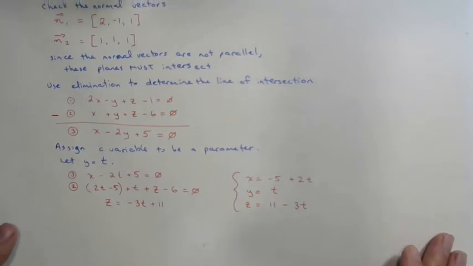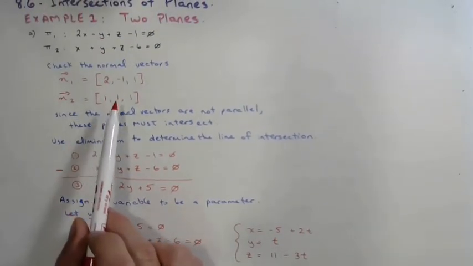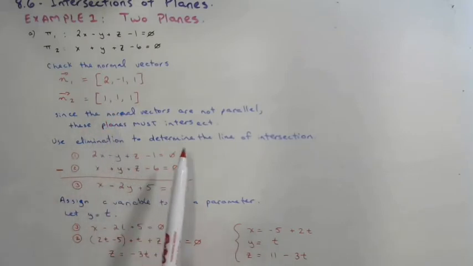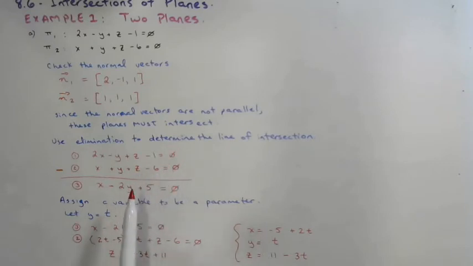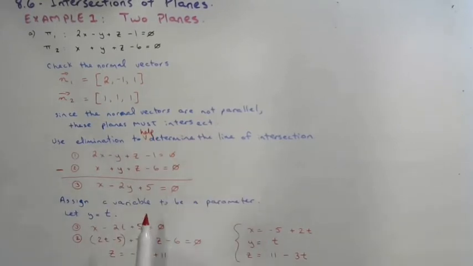So what did we do? We looked at both of our planes. We checked the normal vectors to determine that they are not parallel to one another. Since they're not parallel, they must intersect. We used elimination to help determine the line of intersection.